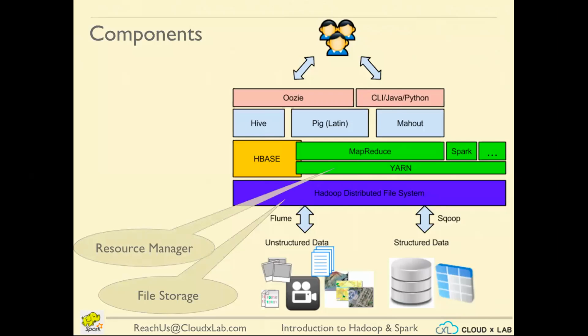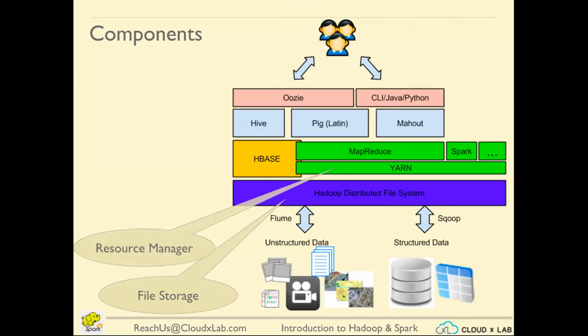Now, since the data is on multiple computers and you would like to process the data there and then, that's where Yarn comes into play. Yarn is like an operating system to which you give the program and it can execute where you want in the network, on A, B, C, D, E, F, cloud.cloudxlab or g.cloudxlab.